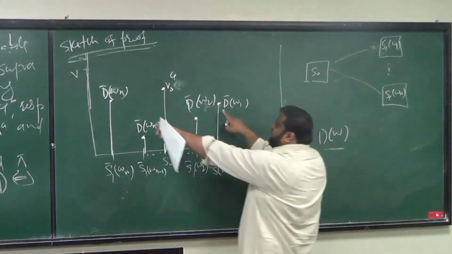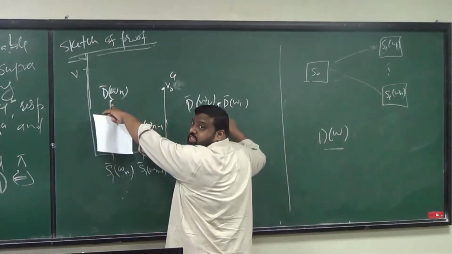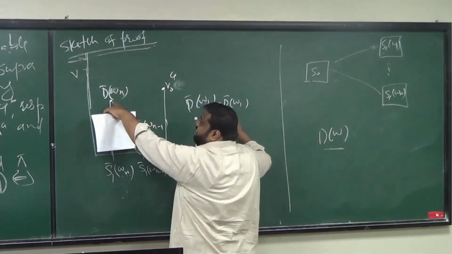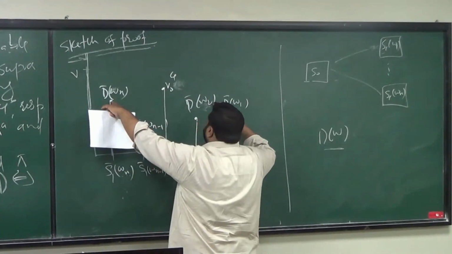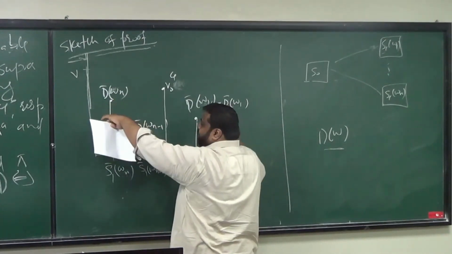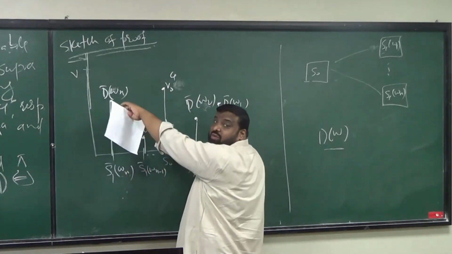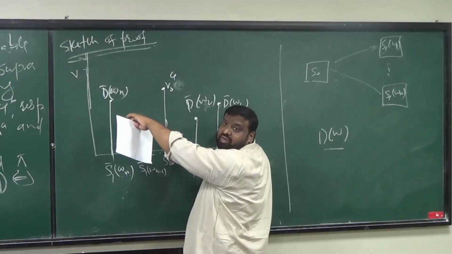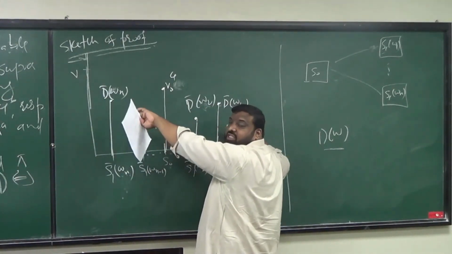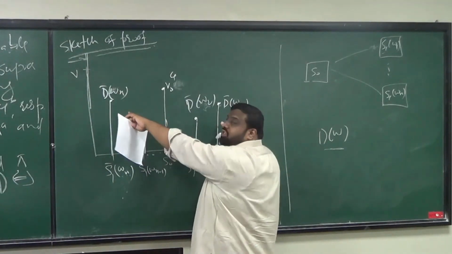If I just take these 2 points in the picture, these 2 points have coordinates S1 bar, D omega, and S1 bar, D bar omega. Try to draw a straight line.